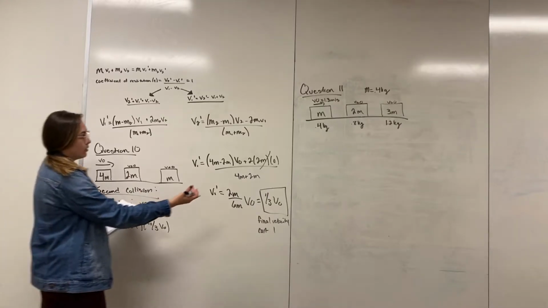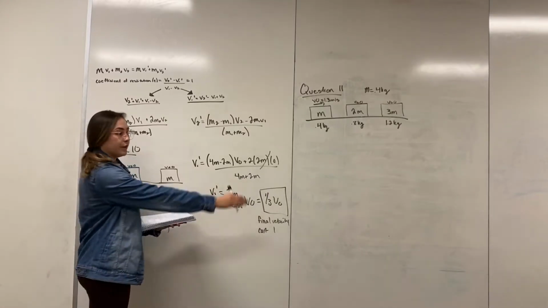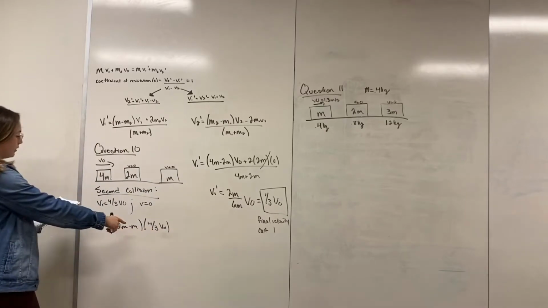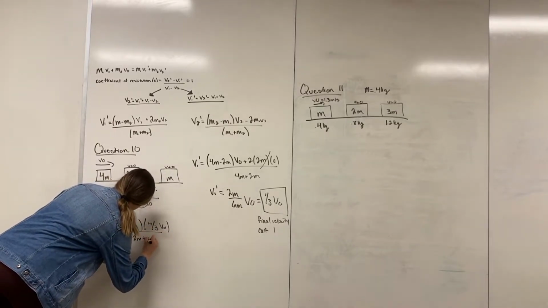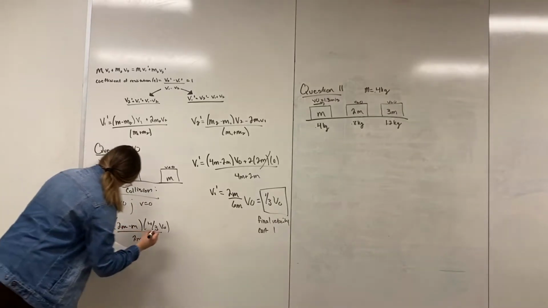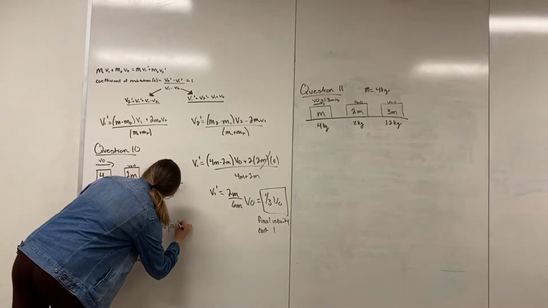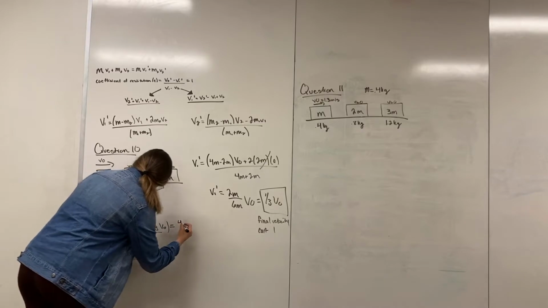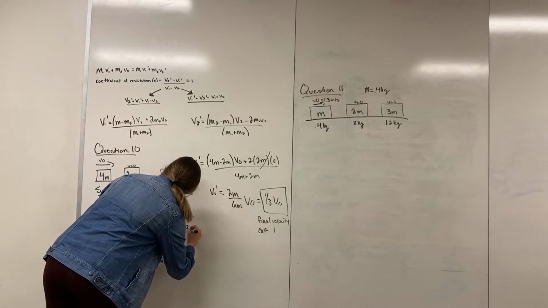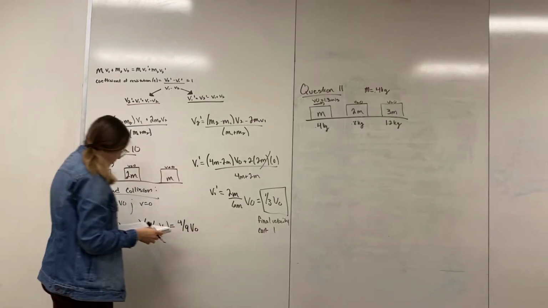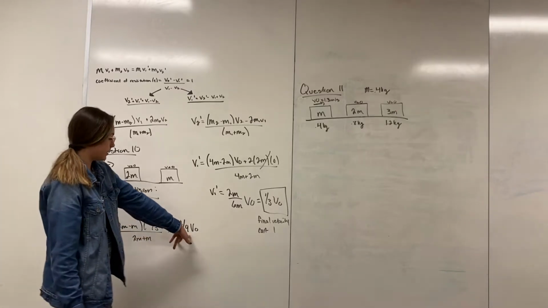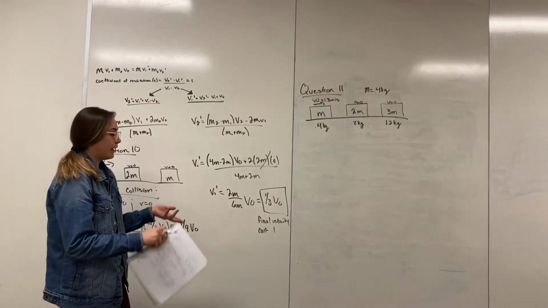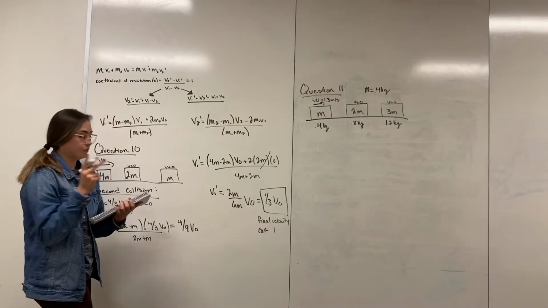And once again, now the difference is that our VO is 4/3 VO. So after calculating it, our answer is 4/9 VO. That is going to be the final velocity of cart 2.